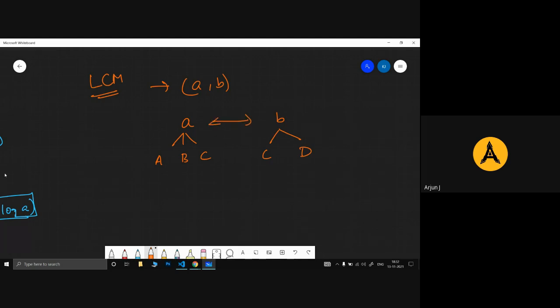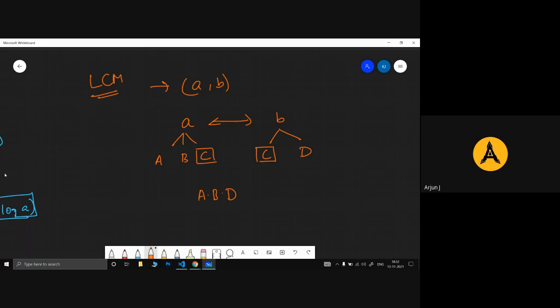It is simple. We eliminate the common factor, and then it would obviously be A into B into D. I hope you get it.